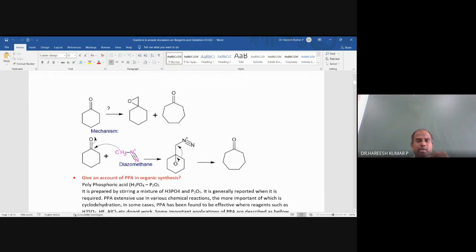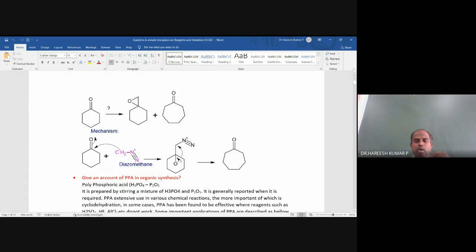So how is this happening? Diazomethane can react. How is it reacting? This can attack this carbon when this bonded pair is sitting on the oxygen. So now on the oxygen the bonded pair is there, and there is a diazo group. This group is called the diazo group, and this is a methyl group.